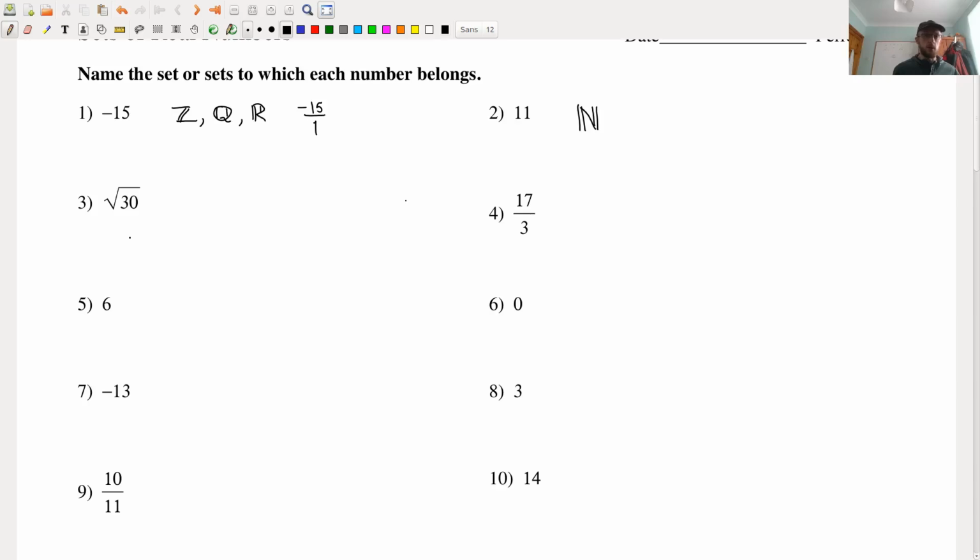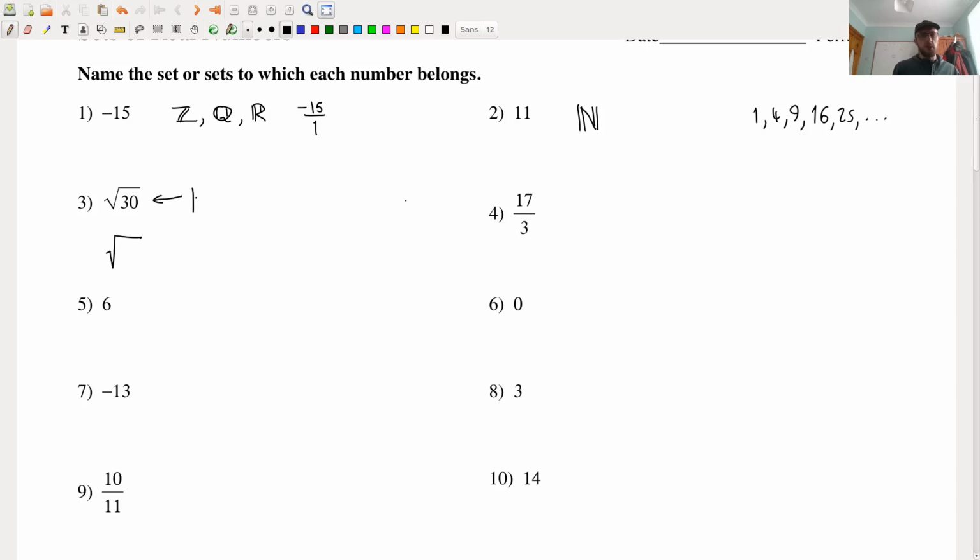The answer is no. Any square root of any whole number that is not a perfect square number, which, just to remind you, is 1, 4, 9, 16, 25, and so on. The square root of any whole number which is not a perfect square number will be irrational. It will be irrational. Okay? So, how are we going to say what set this belongs to then?